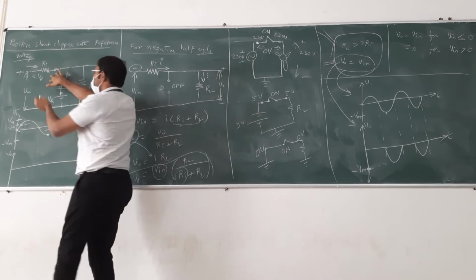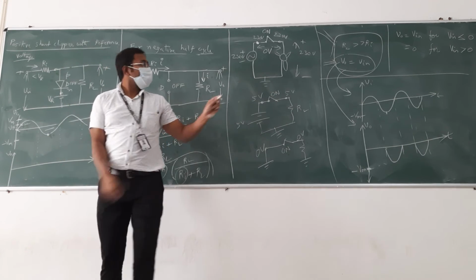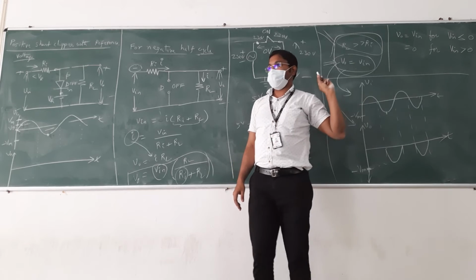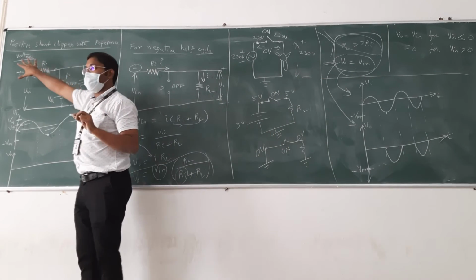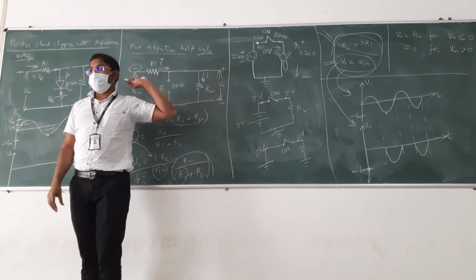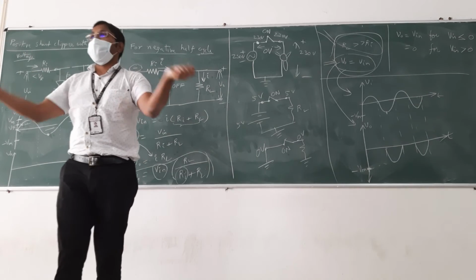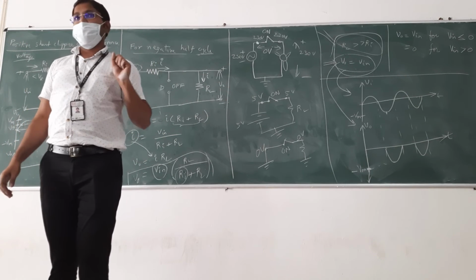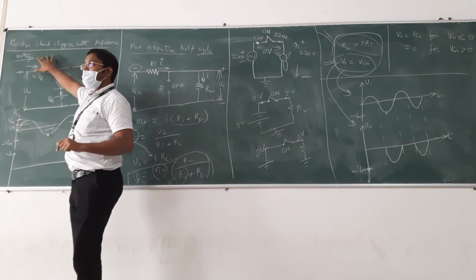When will it be zero? For this case, RL is very large. Then only it will be zero. Only for that condition, RL is very large. Very large means infinite, means open, means no RL. For that case only the current will be zero.